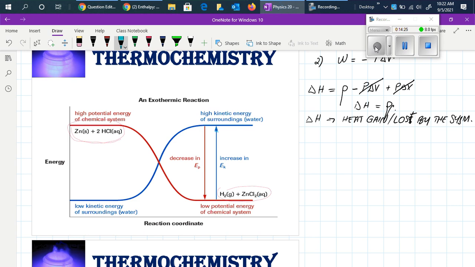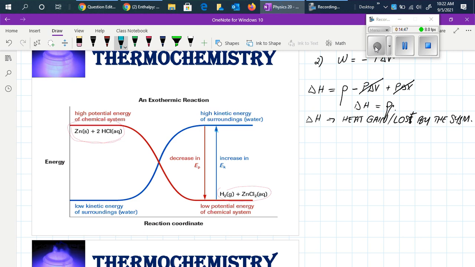So this graph here is a direct relation of the conservation law of energy. And how do we use this conservation law of energy in the chemical reaction when we are designing the calorimeter?